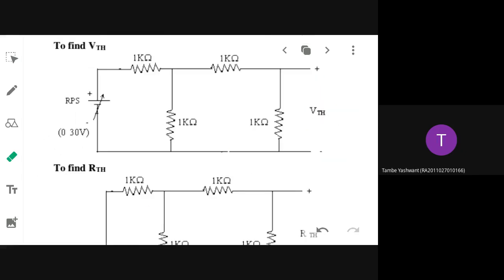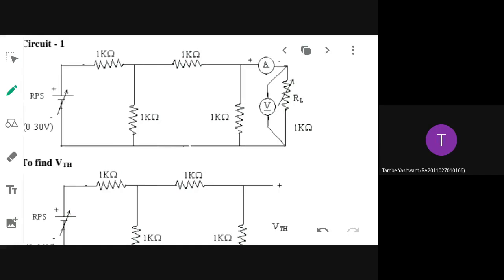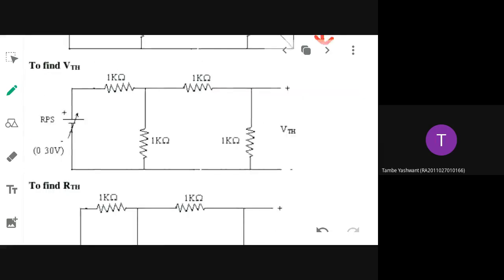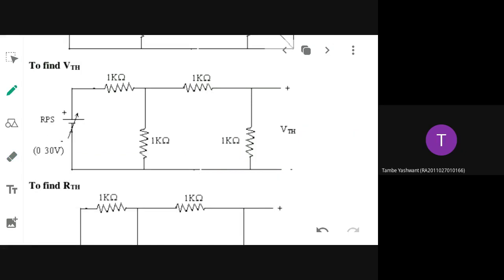At this output terminal, where I am finding the parameter, I will open it and redraw the circuit. I want VOC here, so whatever voltage is here, the same voltage will appear here. Either you can write a KCL or nodal equation, or do network reduction. You know how to do current division, and by current division you can find V Thevenin. Either way, any way you can do.